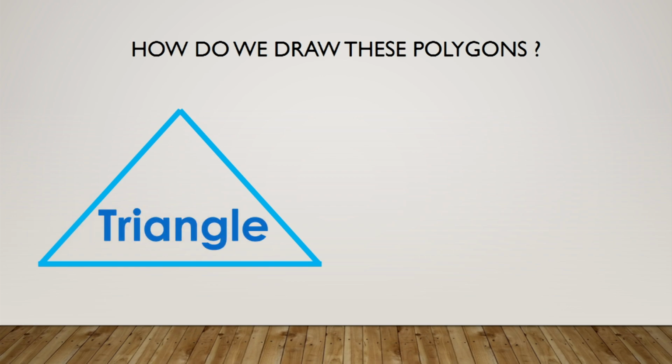We have drawn a triangle. Remember, when we draw, we use our rulers for straight lines. Sometimes we're given specific measurements for our polygon sides. We use our rulers to mark the specific lengths and connect our lines.